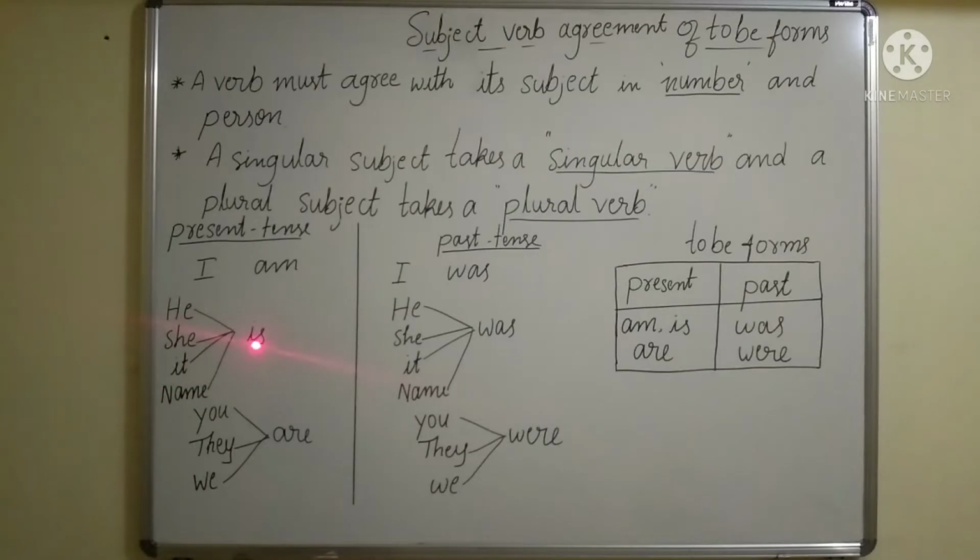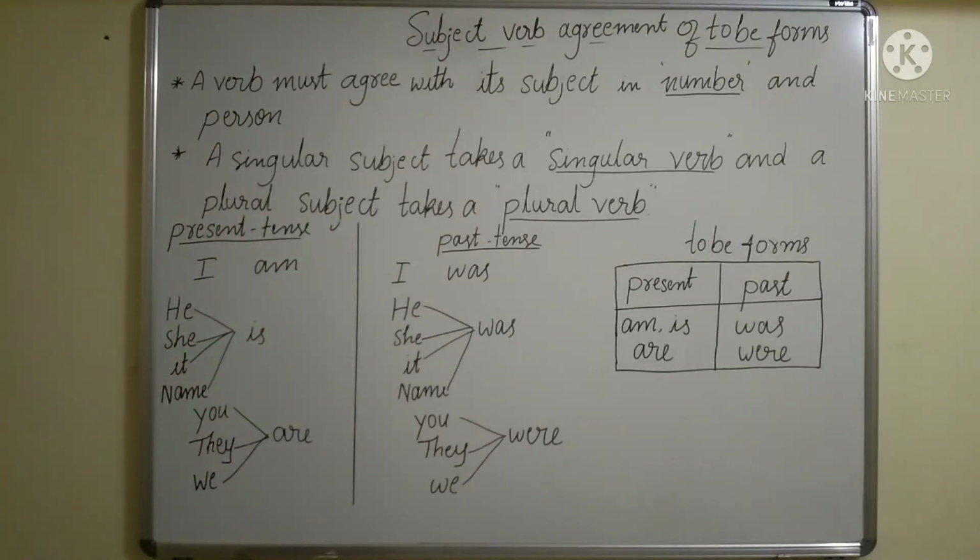So he, she and it and names follow the is to be form when it is singular. I think you are clear. I am, he is, she is, it is, Hari is. I used the name Hari in the place of name.